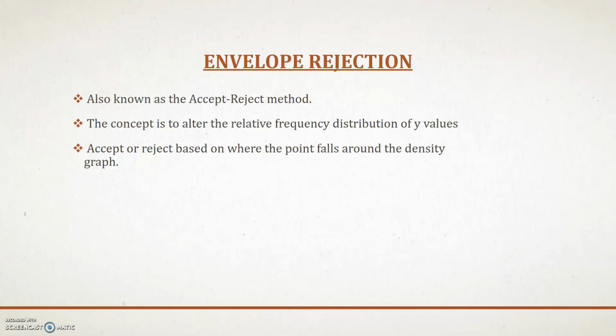Normally the accept or reject decision is based on where the point falls on the density graph. An example in MATLAB should better explain how this works, and we'll be doing that in the next slide.